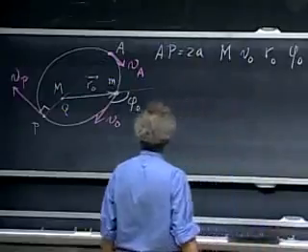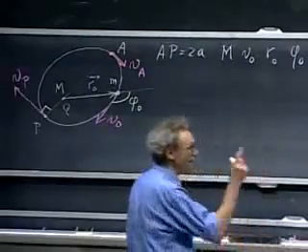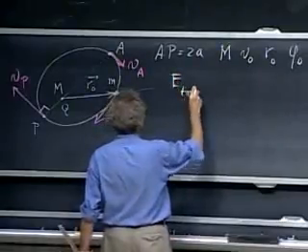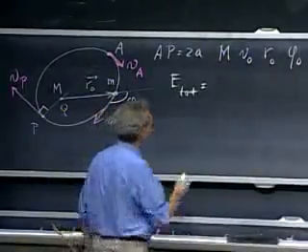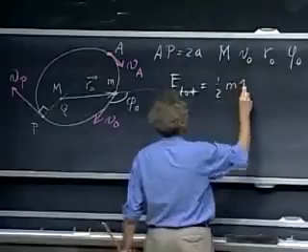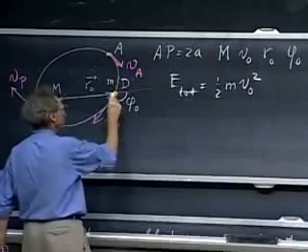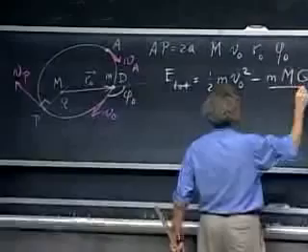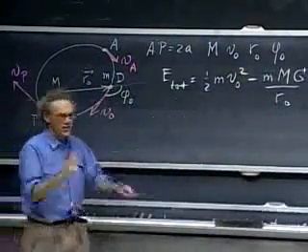A is the easiest to find, the semi-major axis. I turn to equation number 5, which is the conservation of mechanical energy. The total energy is the kinetic energy plus the potential energy, equals 1/2 m v0 squared, that is when the object is here at location D, minus little m, capital M, g, divided by this r0 at location D. This can never change.